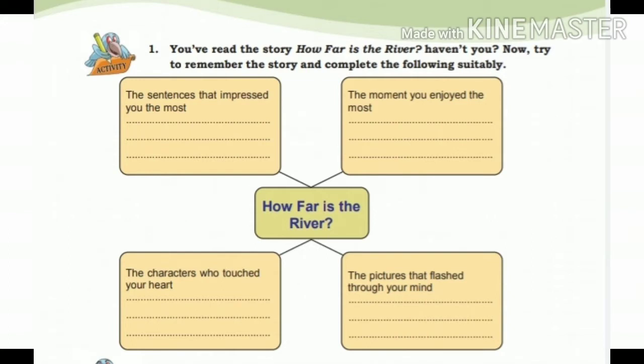Then the fourth one, the picture that flashed through your mind while thinking about the story. There are lots of pictures in this story. Okay, that dreaming boy, seeing lots of people, sharing food. What pictures come to your mind after reading the story?